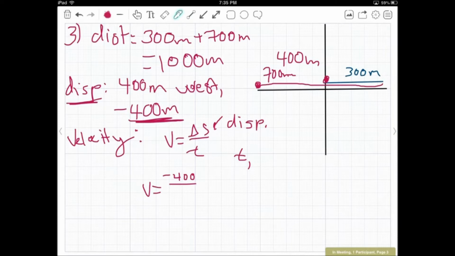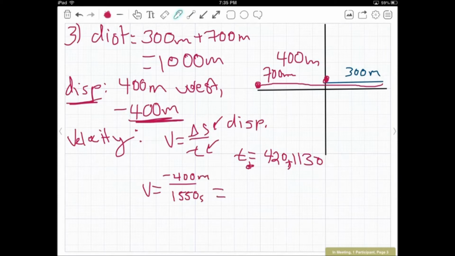One is 420 seconds. The other is 1,130 seconds. So what I need to do here is add these two times together, right, to get a total time. That's what goes in this equation, is total time. When I do that, I get 1,550 seconds.